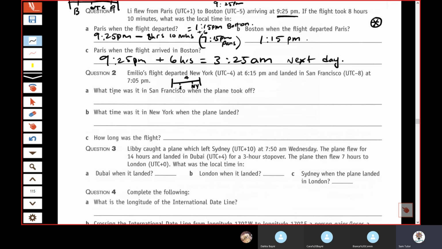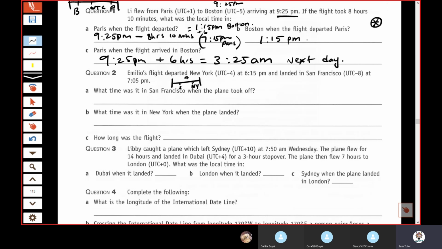What time was it in San Francisco when the plane took off? Well, right now it's 7:05 p.m. in San Fran. Oh, sorry, when the plane departed New York at 6:15.